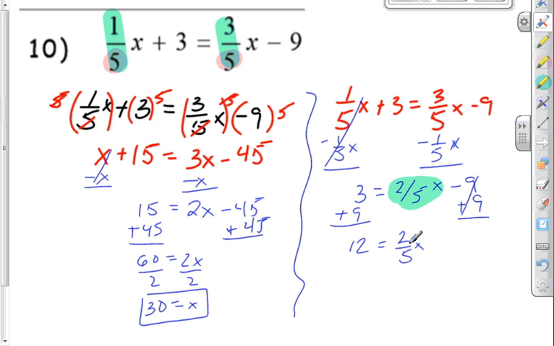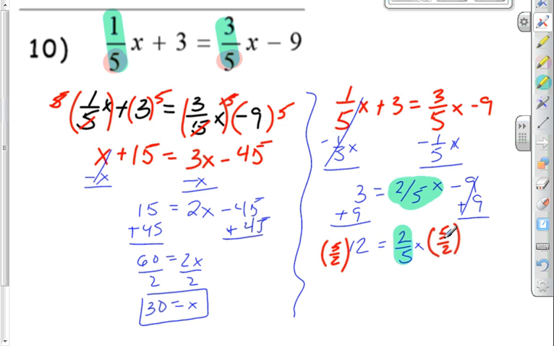Now once again, I still have a coefficient that is a fraction. In order to solve, we want our coefficient to say 1, like it does over here. So if we multiply by the reciprocal of 2/5, we can accomplish this goal.